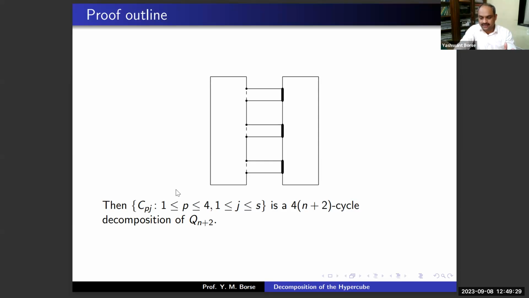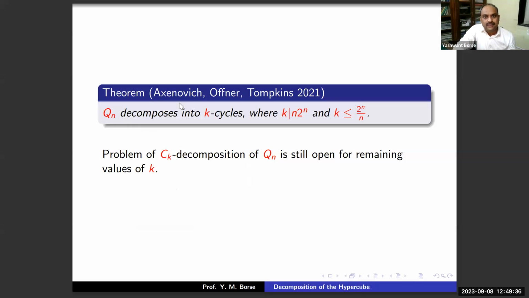Now Fourier cycles, okay? So decomposition into Fourier cycles. And in 2021, this paper came, I think Professor David Opner is here. So it is his paper that Qn decomposes into K cycles when K divides 2 raised to n minus 1.